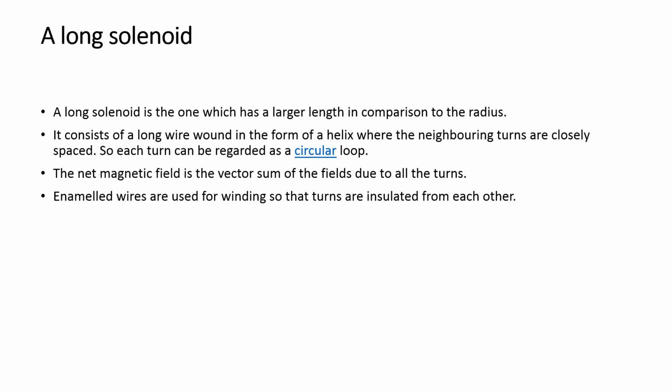So each turn can be treated as a circular loop. The net magnetic field is the vector sum of the field due to all turns. And we know n comes into the picture while we calculate the magnetic field.